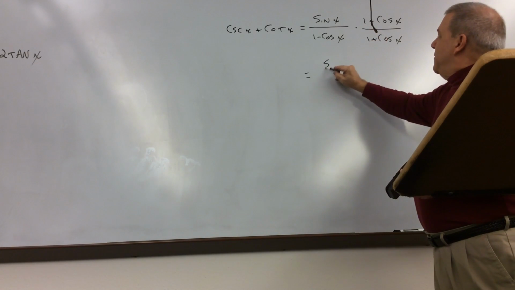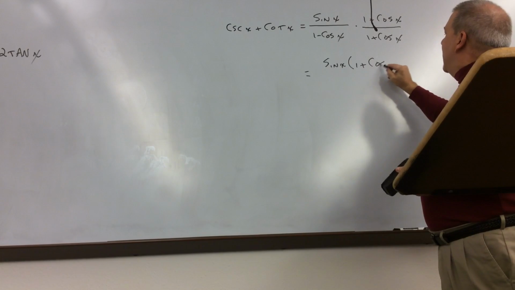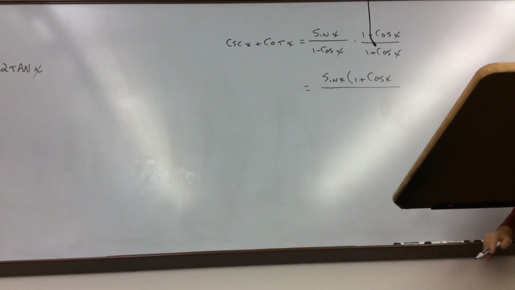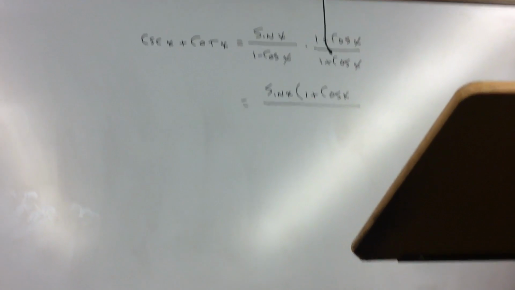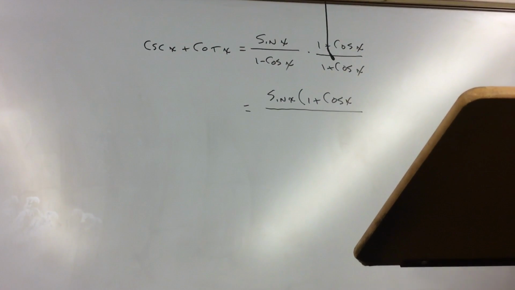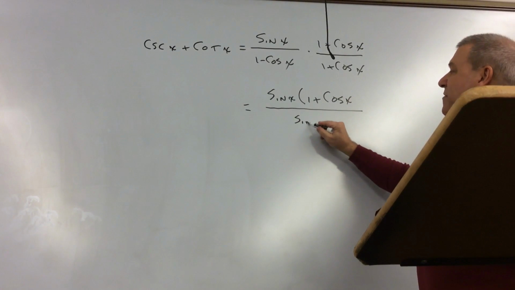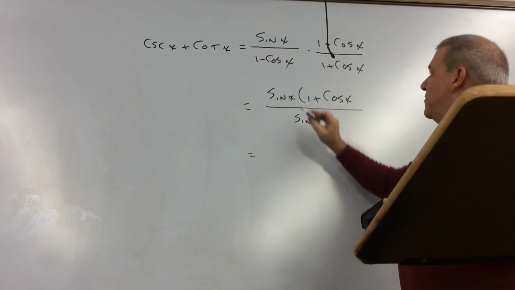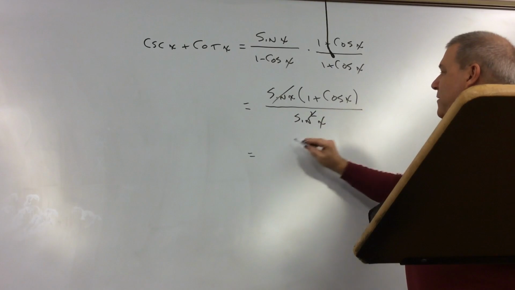Okay, so this is going to be sine of x times 1 plus cosine of x over what? Ethan? 1 minus cosine squared, which is sine squared, right? So, boom, boom, right?